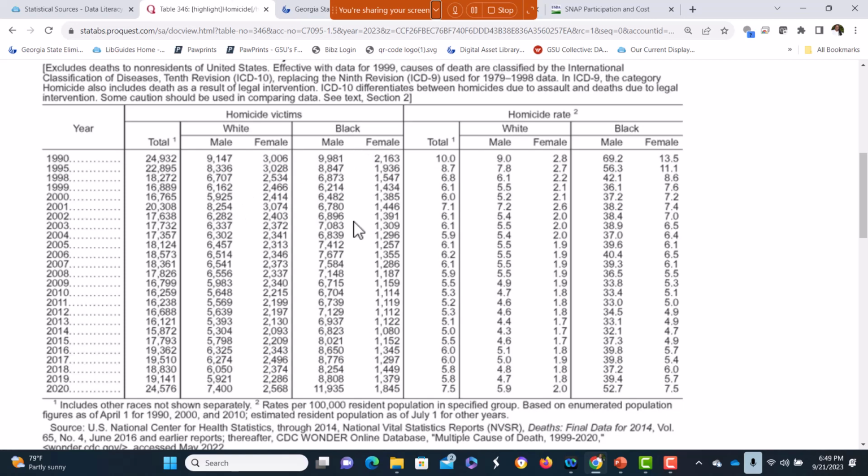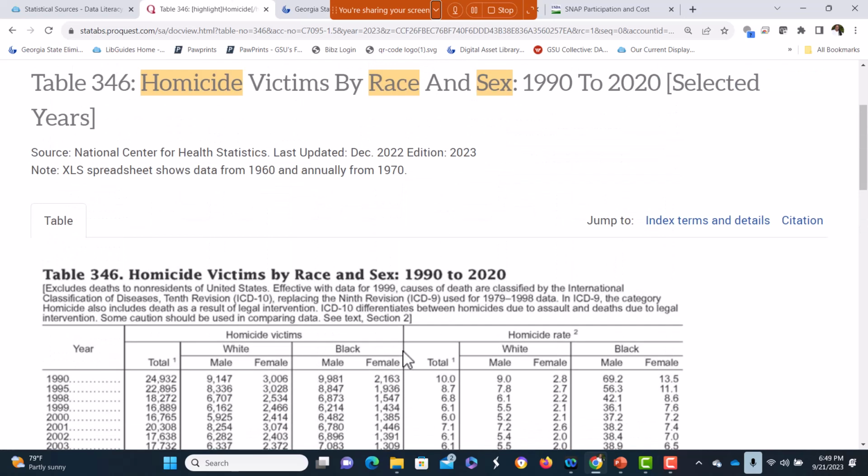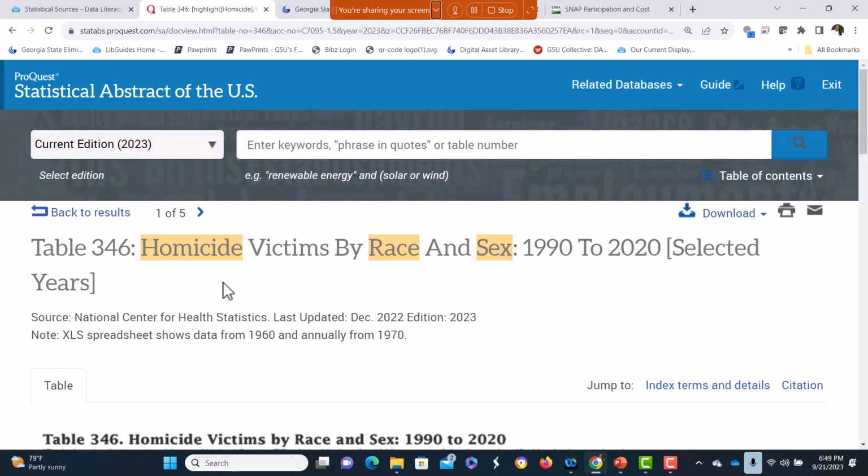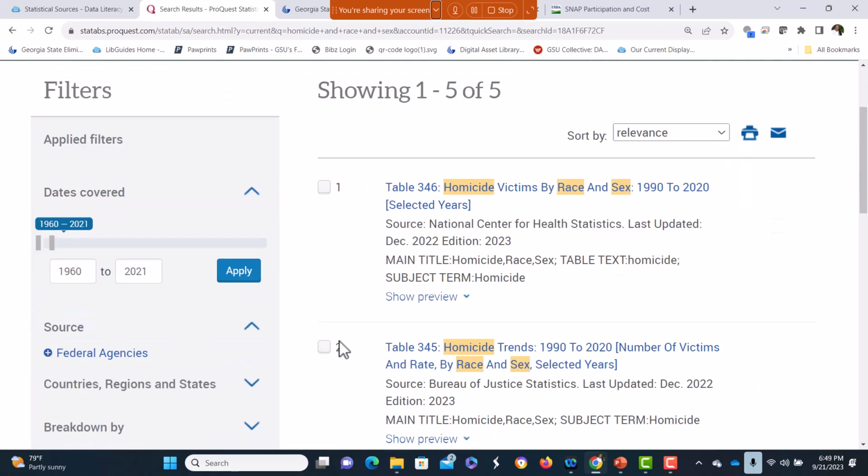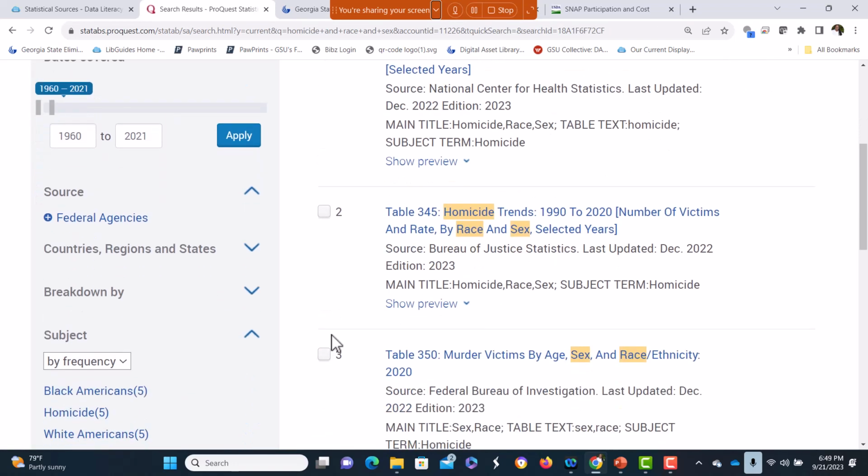So that's why this number, 1845, for black female victims, could be different. Maybe his 1440 is correct, but this is close enough. That's not a really big difference. So that's sort of accurate as far as the number.